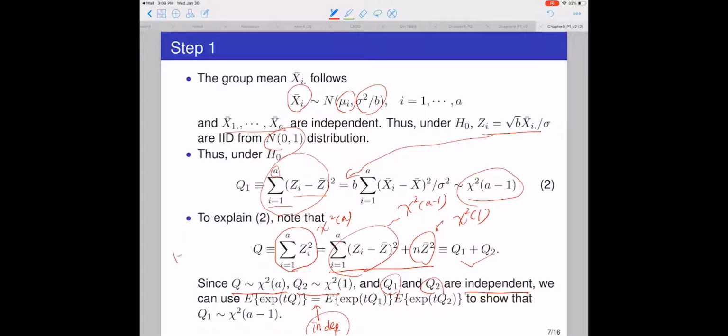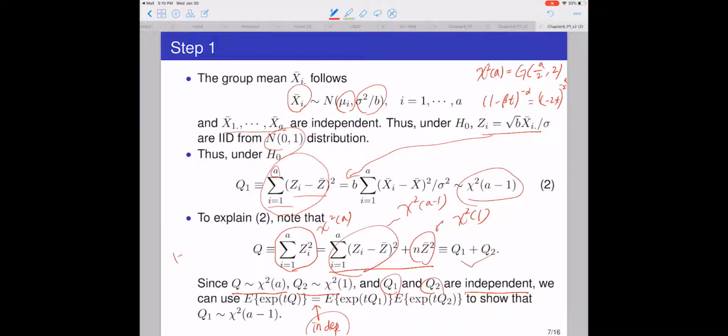What is the MGF? Chi-square A is gamma with parameters A over 2 and 2, right? So the MGF is (1 minus beta t) to the minus alpha. So that is (1 minus 2t) to the minus A over 2.